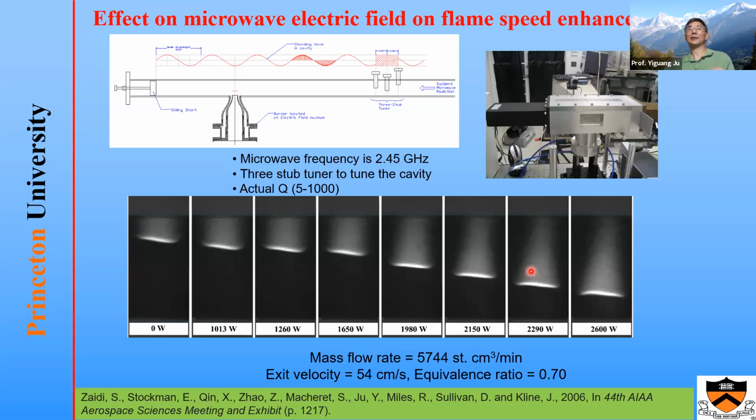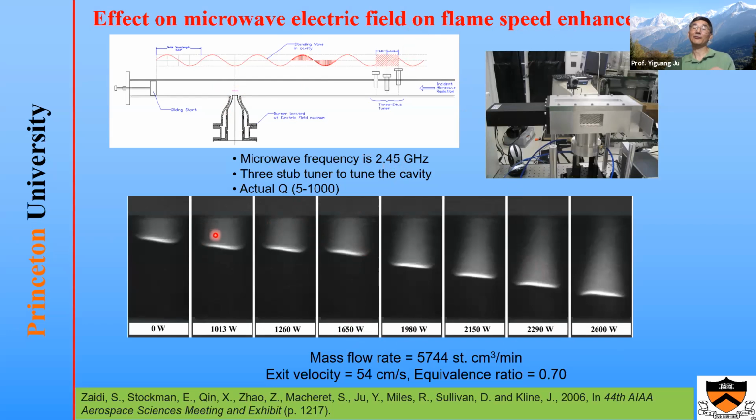At Princeton, Professor Myers and I tried to understand how the electric field affects flame propagation. We have a counterflow flame setup in a microwave cavity. We send a microwave at 2.45 gigahertz with about 2.6 kilowatts.